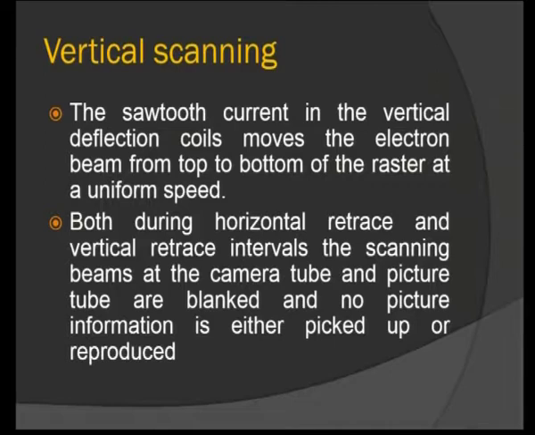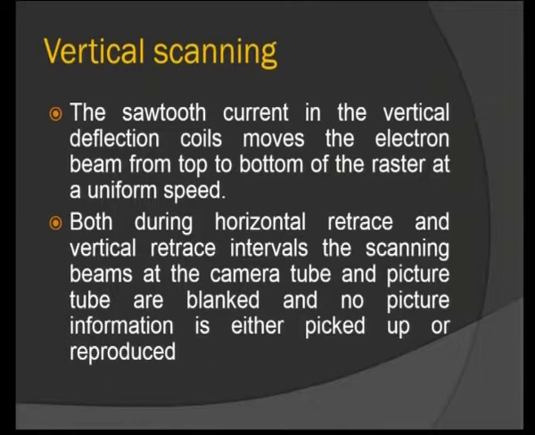Let's start with the vertical scanning. Already we know that the horizontal scanning will be at a faster rate compared to the vertical scanning. That is, horizontal scanning will take only 60 microseconds, but a vertical scan will take 20,000 microseconds.